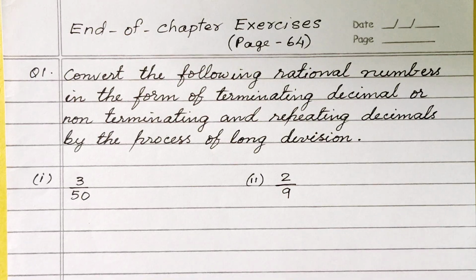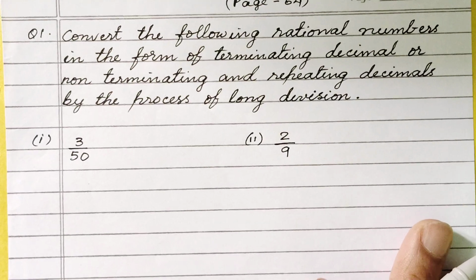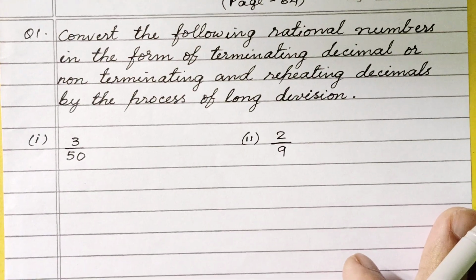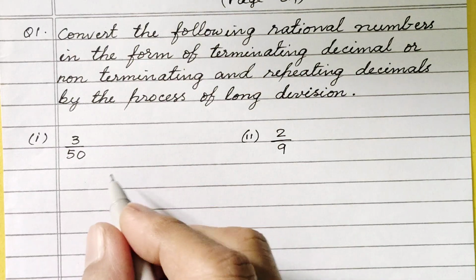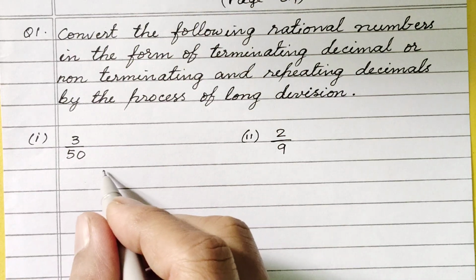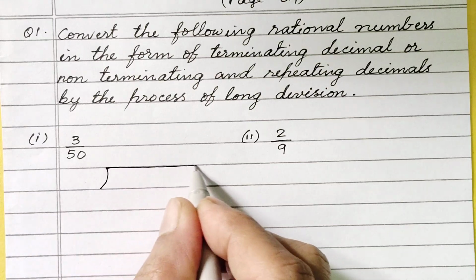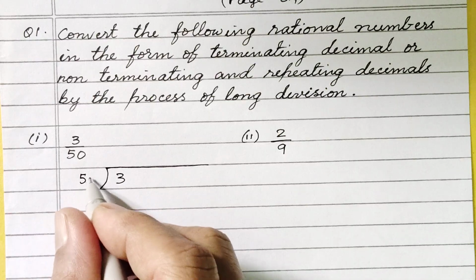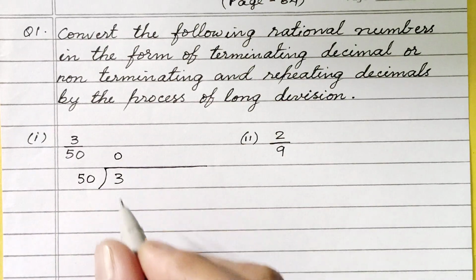So they are given two rational numbers, 3 by 50 and 2 by 9. First we will divide 3 with 50. So 50 zeros are 0.